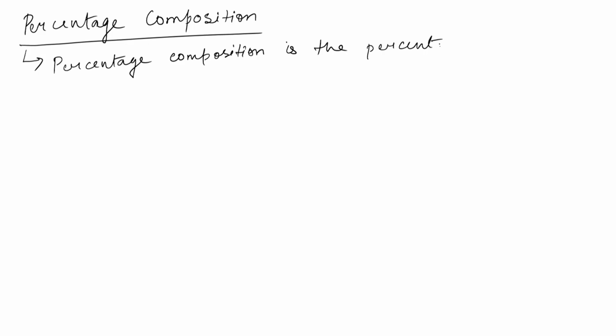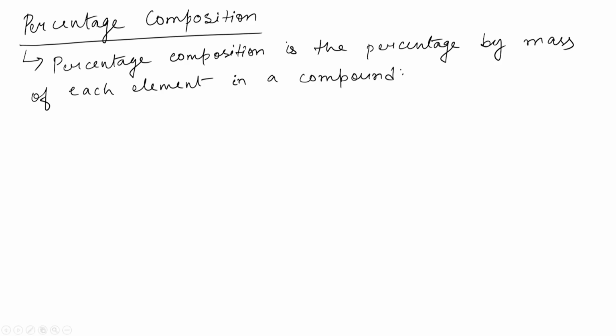The definition of percentage composition is: percentage composition is the percentage by mass of each element in a compound.